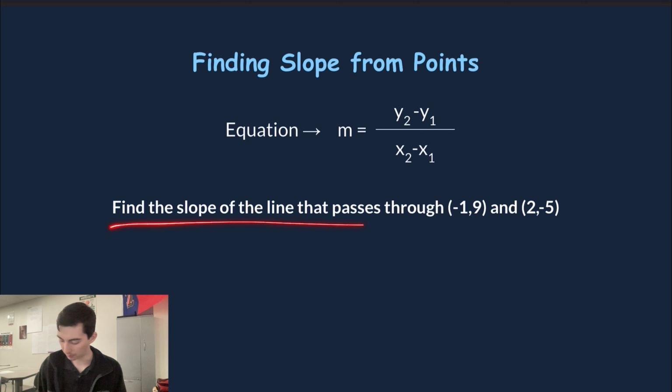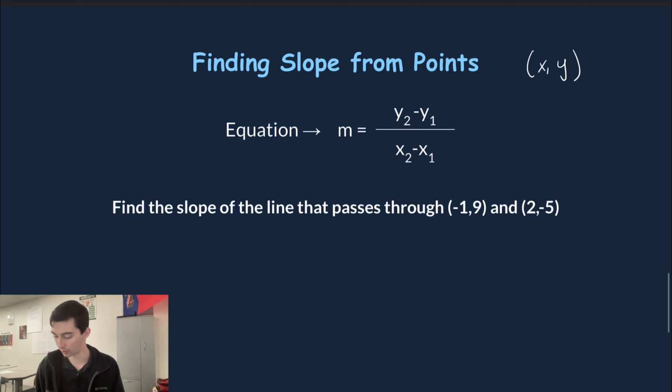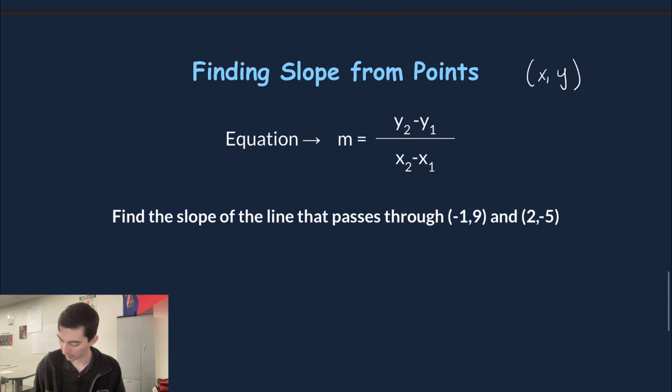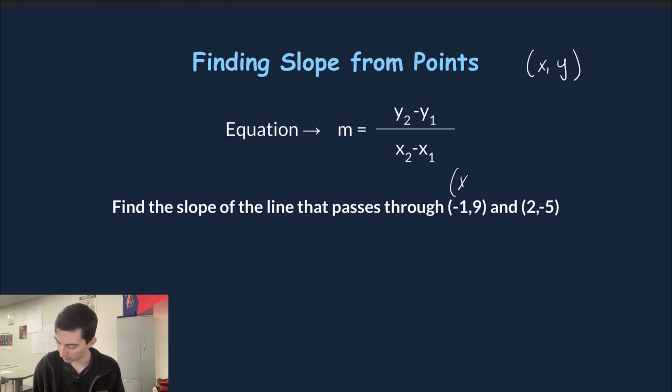So we can do an example where we're going to find the slope of this line. Let's remember our points are written as x, y. We can pick one of these to be our number 1 and one of these to be our number 2. So I'll say that this is going to be x1 and y1 here, and this will be my x2 and y2.